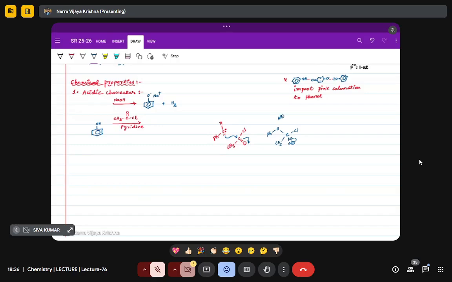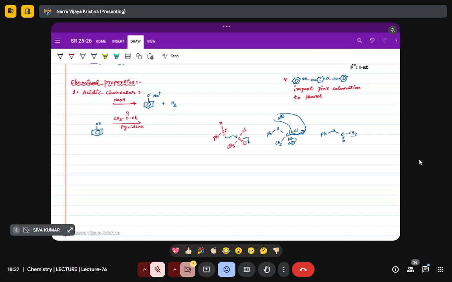Now this will come back making Cl minus leave. So what you got? PhO, C double bond O, CH3, and this H plus and Cl minus will form HCl. That HCl will get trapped by pyridine. Pyridine is base. So base will react with HCl to form pyridinium chloride.